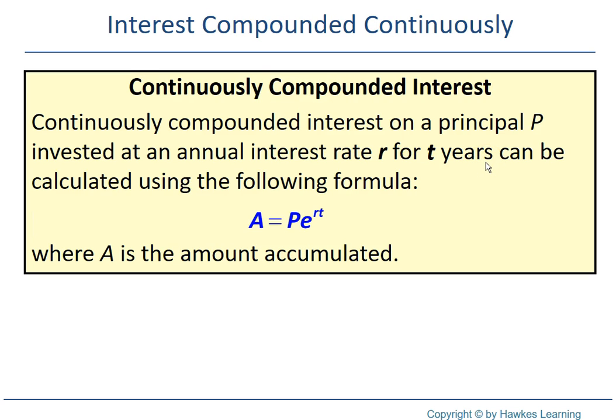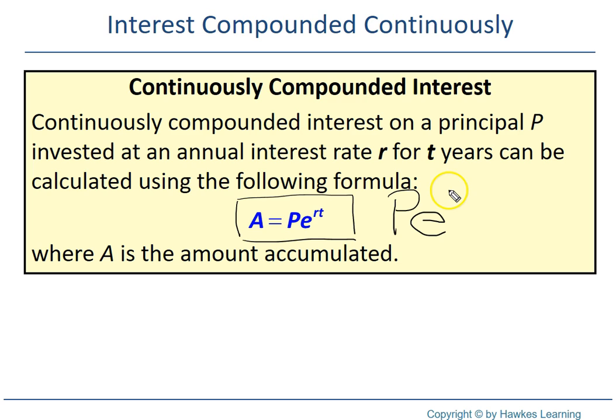Now, the formula for continuously compounded interest is this. So you want to write this in your notes as well. So P we know, that's the principal. E is this mathematical symbol that has the value we did on the other page.